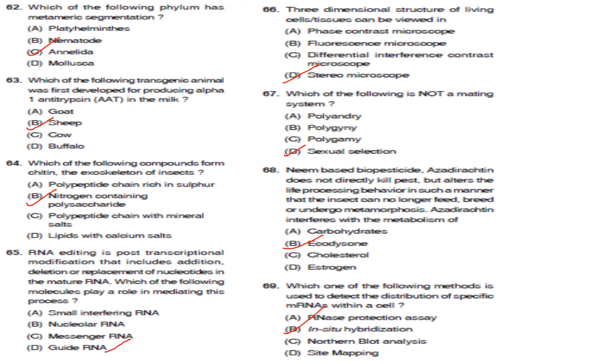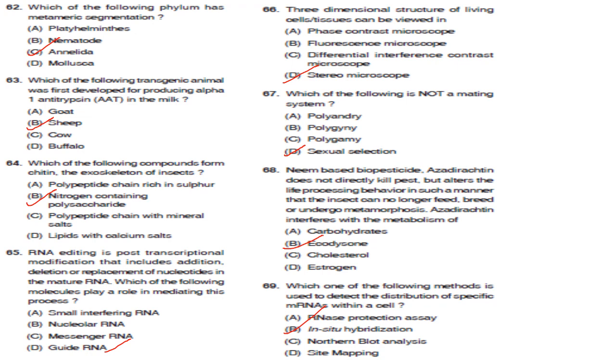The next one. Neem-based biopesticide azadirachtin does not directly kill pests but alters the life processing behavior in such a manner that the insect can no longer feed, breed, or undergo metamorphosis. Azadirachtin interferes with the metabolism of. So azadirachtin interferes with the molting of insects and has growth regulatory and stimulant effects.